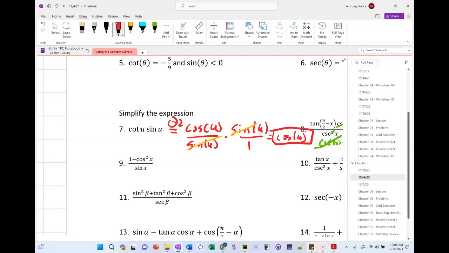So how am I going to use that? Sine squared. I'm going to replace the 1 with sine squared plus cosine squared. And now, Mr. Kulik, doesn't that just make it worse, because you're making it longer? Yeah, but for just a second.